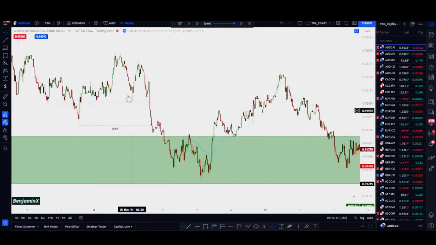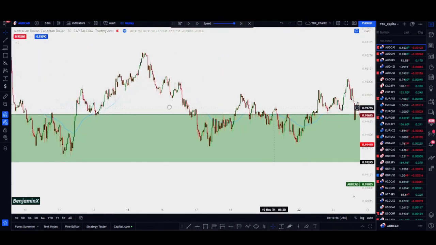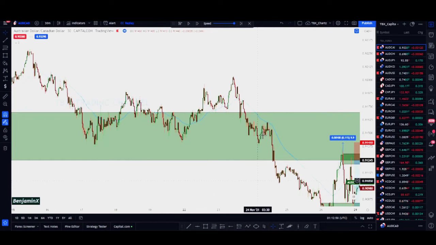Then when price broke structure again after this consolidation, price broke structure again. Then you see there was this consolidation throughout, then boom, price broke structure again.